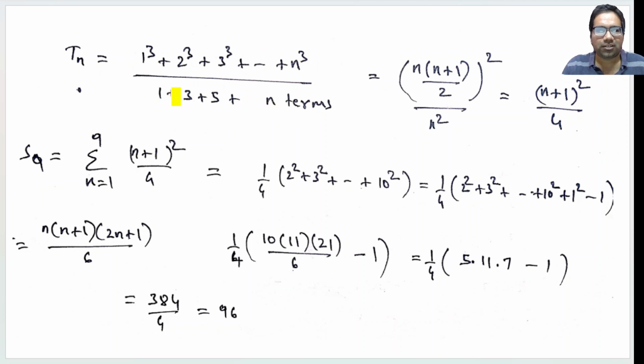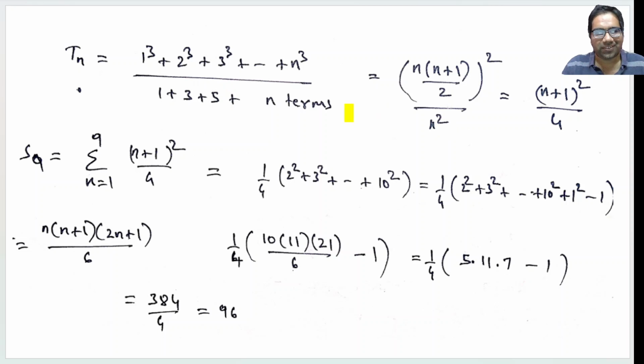Then what is this 1 cube plus 2 cube plus 3 cube? We know the sum of cubes is n into n plus 1 by 2 whole square. We are just talking about the nth term. Term n is n into n plus 1 by 2 whole square by the sum of all the first n odd numbers.